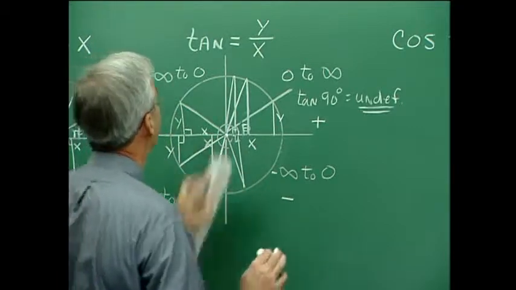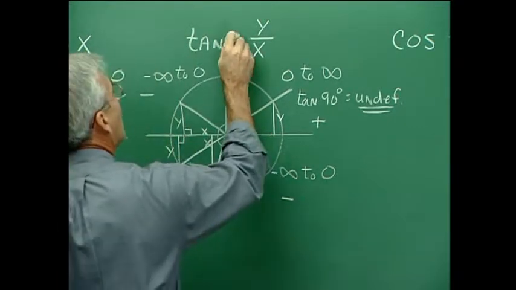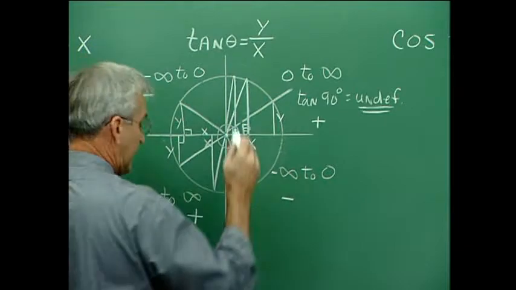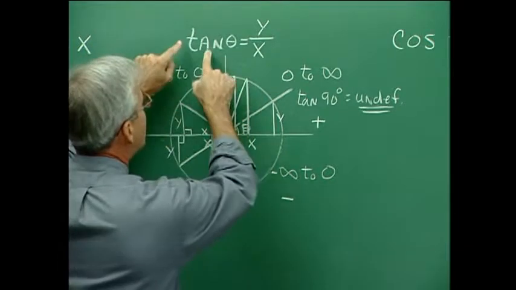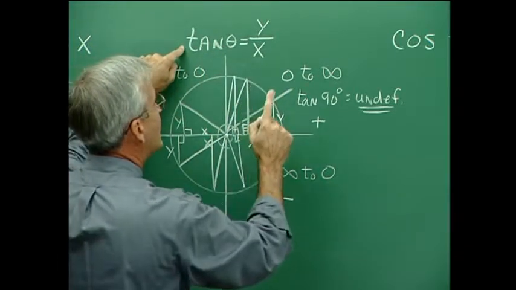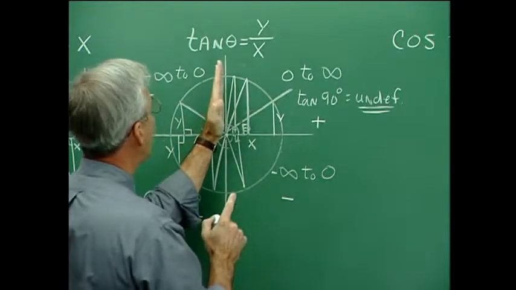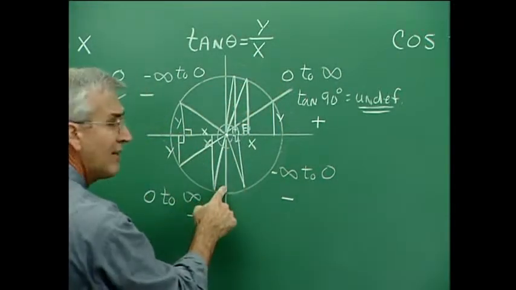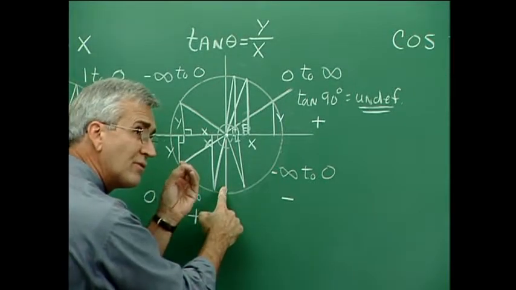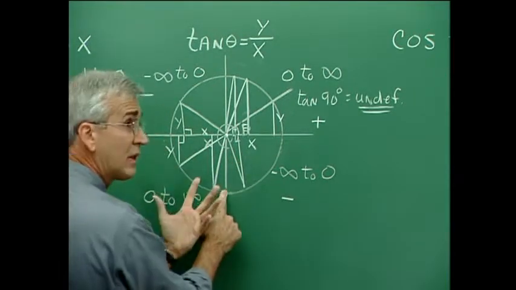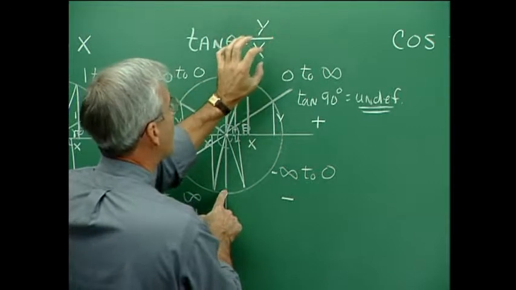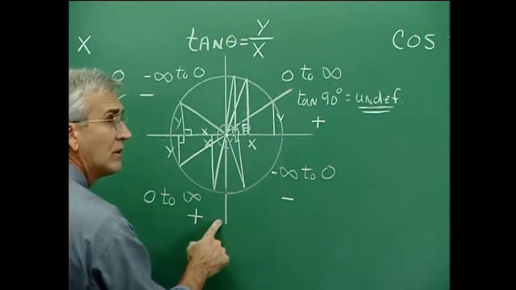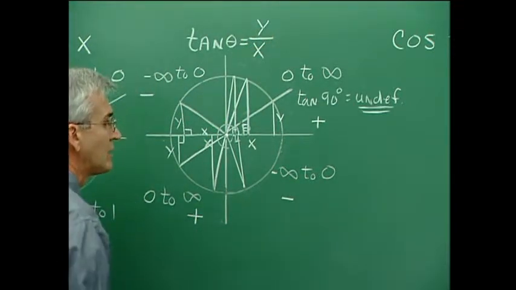And actually, I should put a theta up here. So the tangent of the angle is undefined when theta is 90 degrees because x is 0. And again, at 270 degrees, x becomes 0. The horizontal distance is 0. The fraction then is undefined. So down here at 270 we have an undefined situation as well.